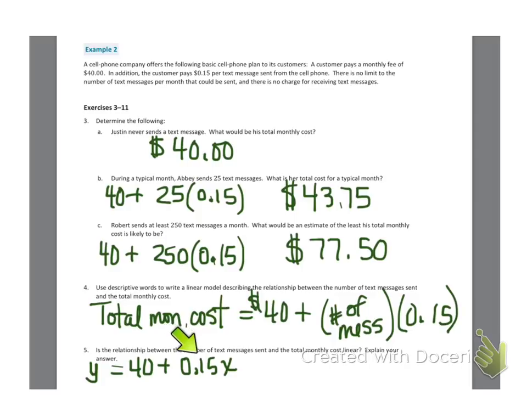And I can see the rate of change: for every additional text message, the cost goes up by 15 cents. So that's kind of the definition of constant rate. And so there's a lot of things you could say to show that this is a linear relationship.